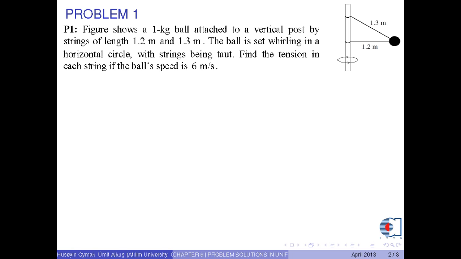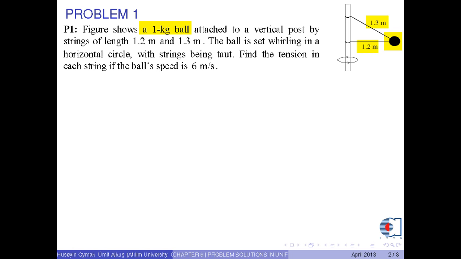This figure shows a 1 kilogram ball. We have also a vertical post. The ball is attached to the vertical post by strings of length 1.2 meters and 1.3 meters.